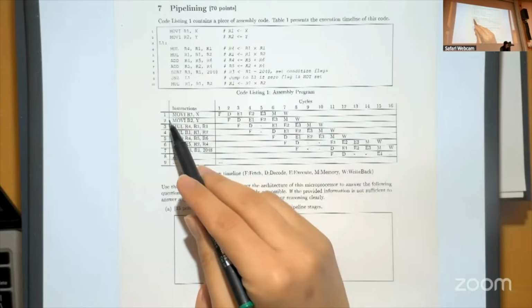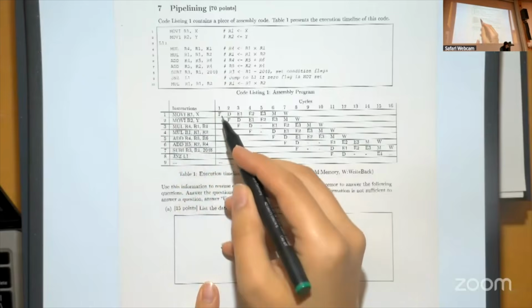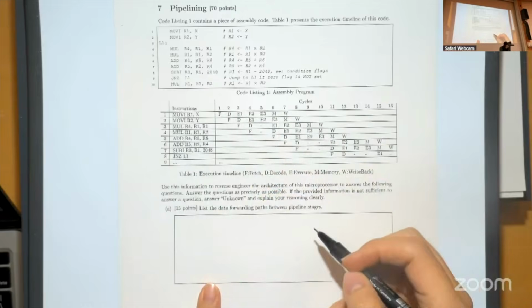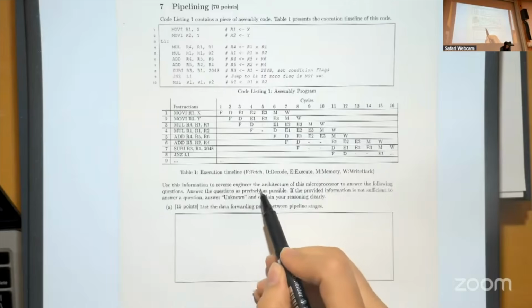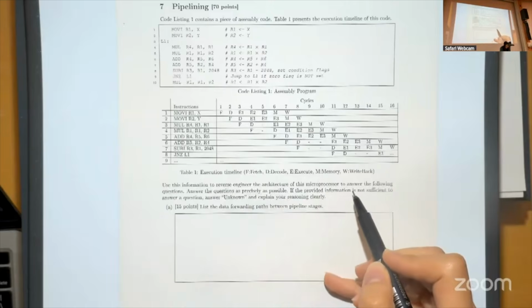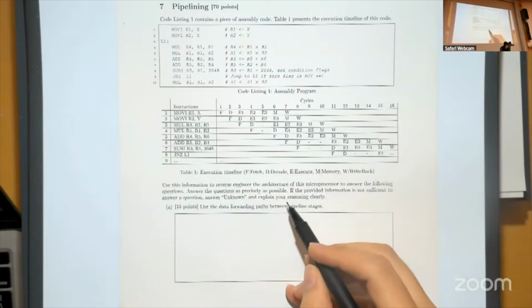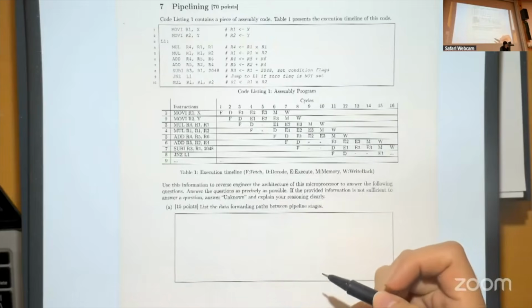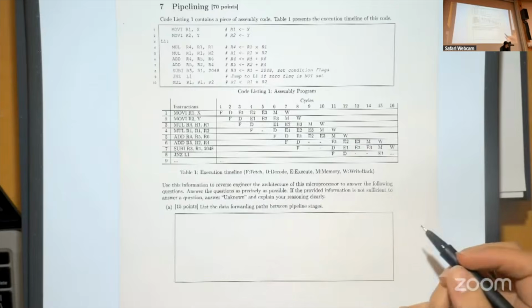For example, in the first one, we see that the first instruction is fetched, and then it goes through the pipeline and so on. So the question says, use this information to reverse engineer the architecture of this microprocessor to answer the following questions, and answer the questions as precisely as possible. If the provided information is not sufficient to answer a question, you can answer unknown and explain your reason clearly.